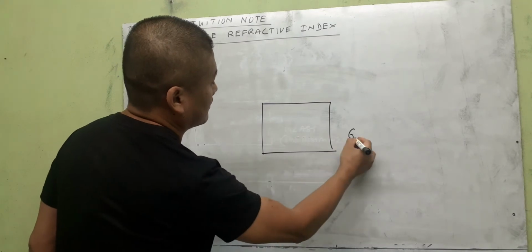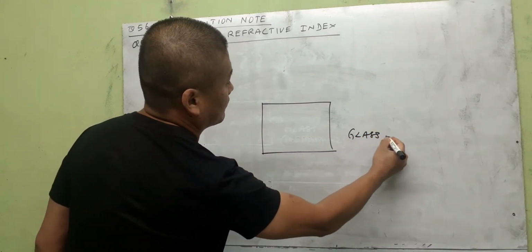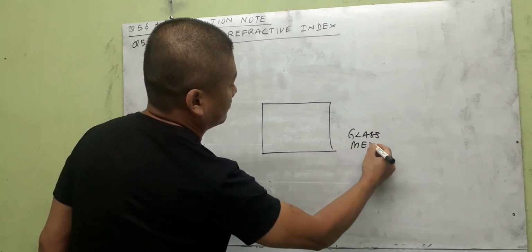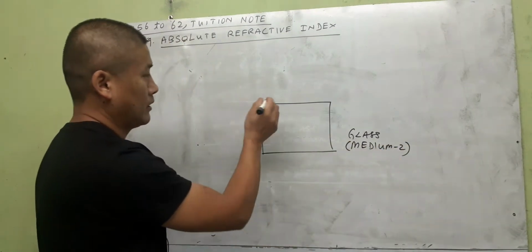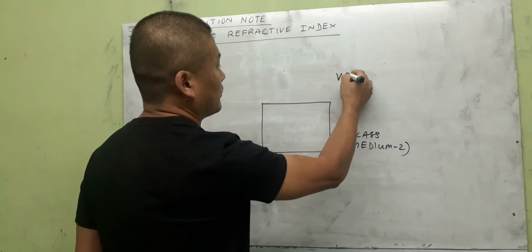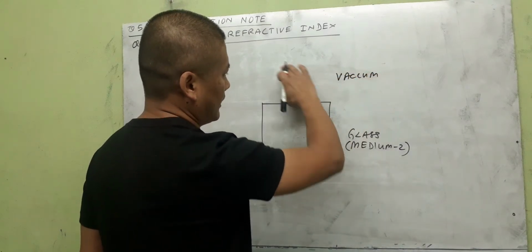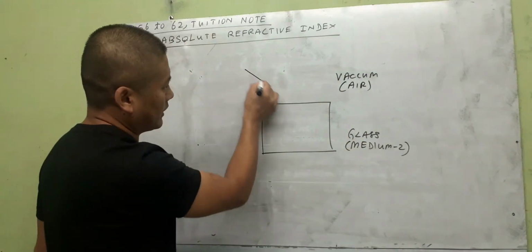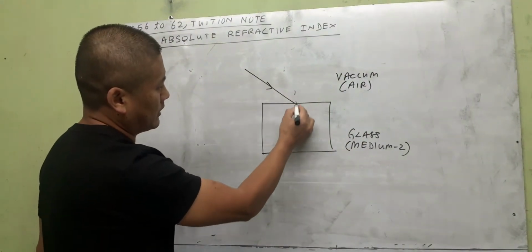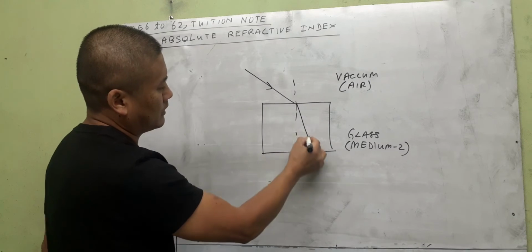This is glass and this is medium 2. That means the second light ray is going to enter this medium 2, and above it is vacuum, meaning airless atmosphere, or it can even be air. Then you pass a light ray like this, it will bend towards the normal.